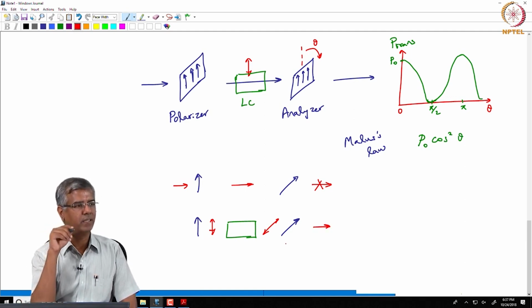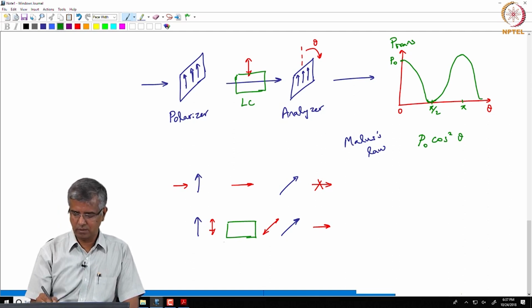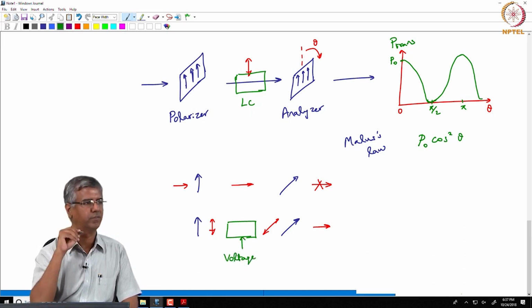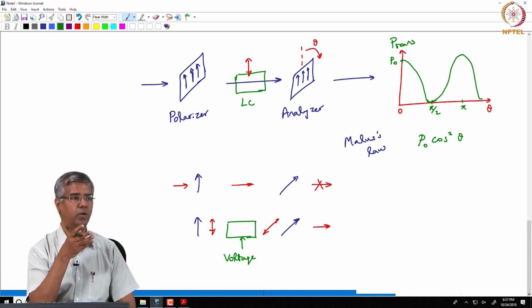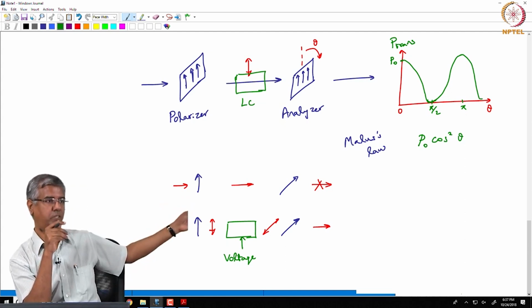So, I can turn light on or off by changing the voltage applied to this liquid crystal. That is essentially what you are doing in your display or even in your projector.